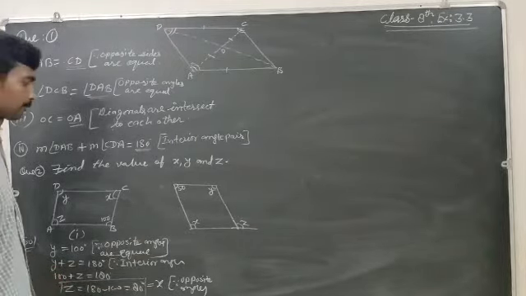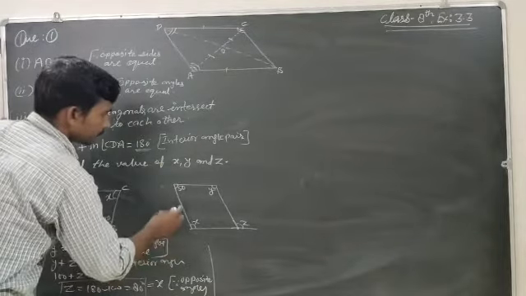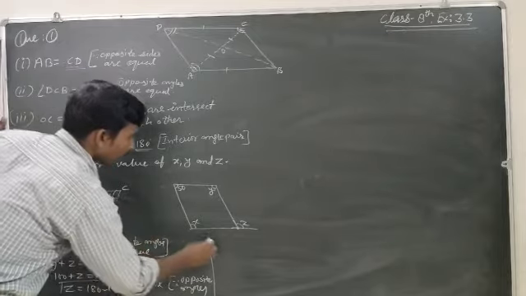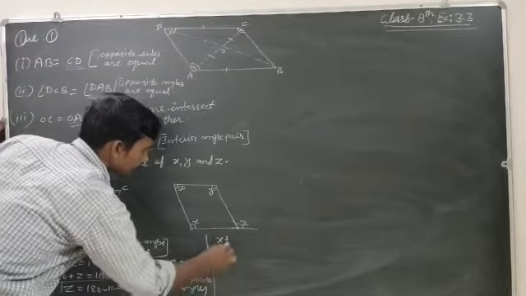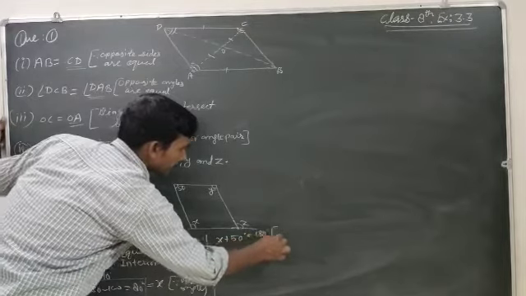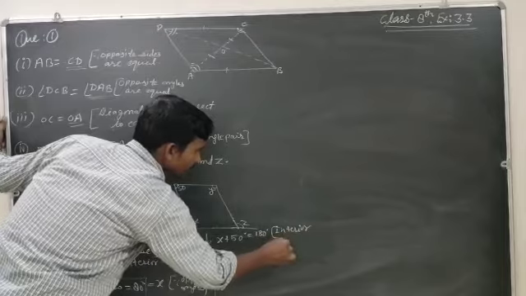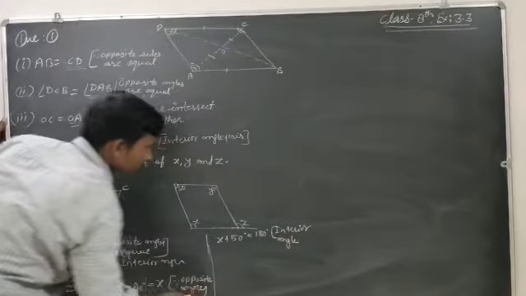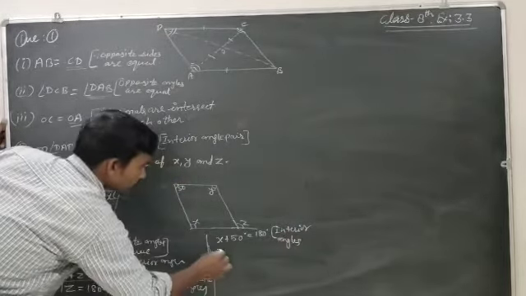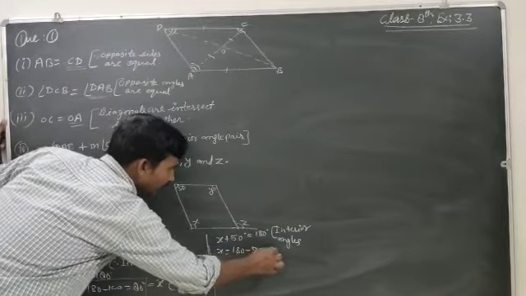In this figure, x plus 50 equals 180, interior angle pair. So x equals 180 minus 50 equals 130.